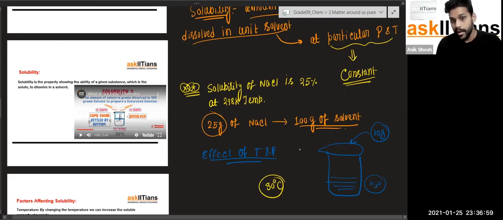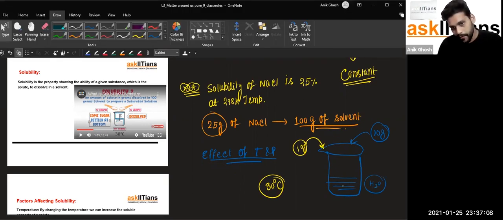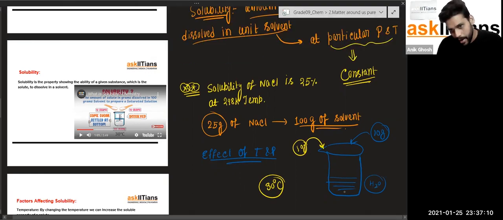But when he mixed another 10 grams, what happened is some of the particles were left undissolved. Now what is this? You can see this is not a saturated solution.